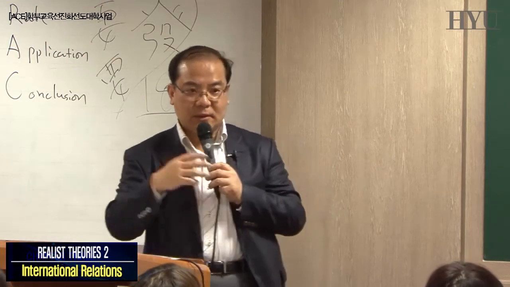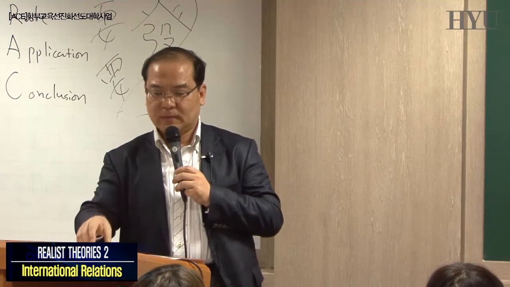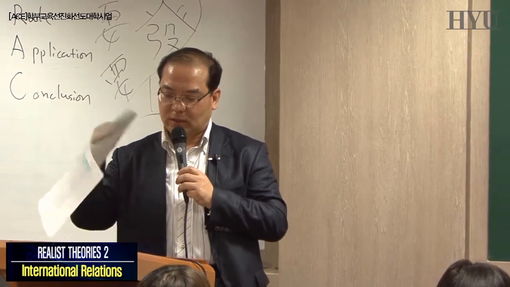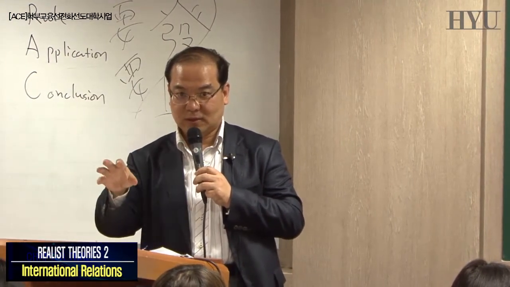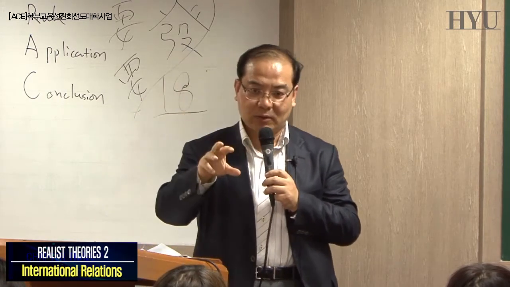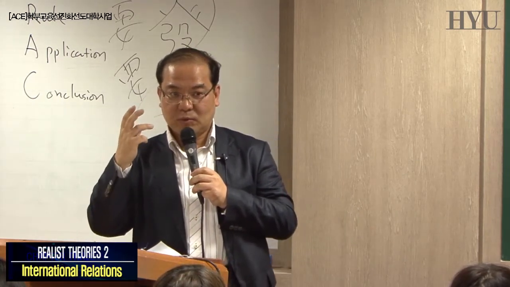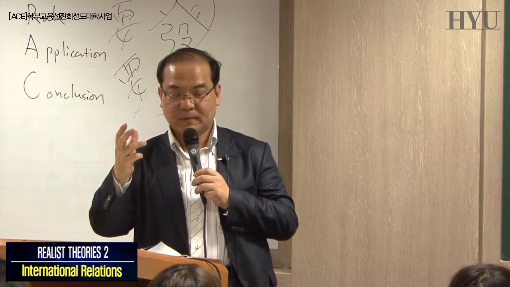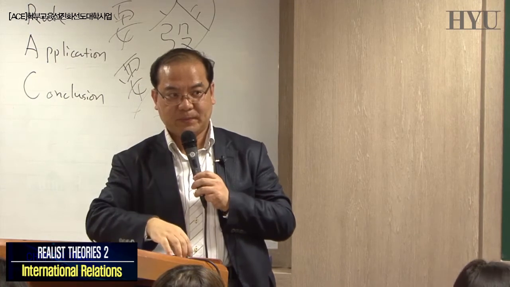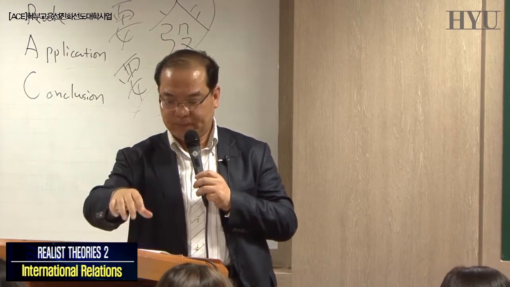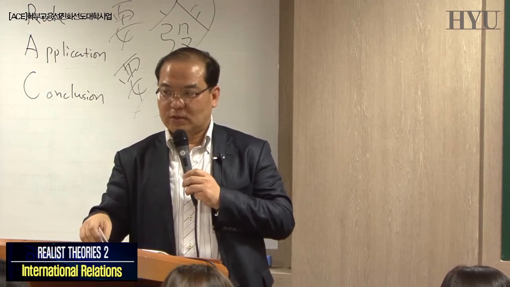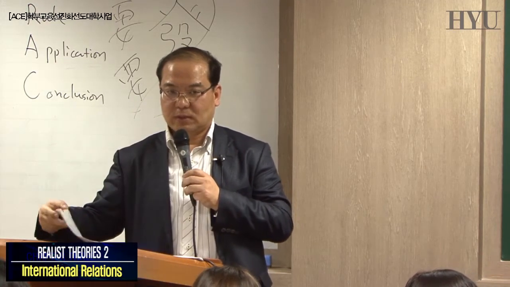But this term is transplanted onto international politics, where a power that has a preponderance of power vis-a-vis other states is a hegemonic power. There are two examples of hegemonic powers in history.